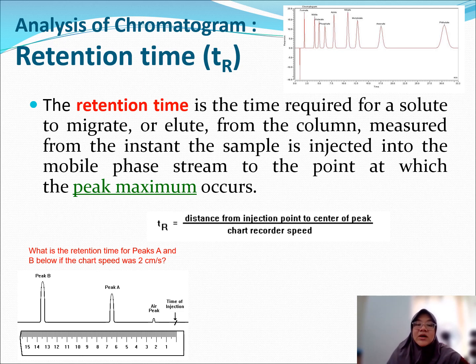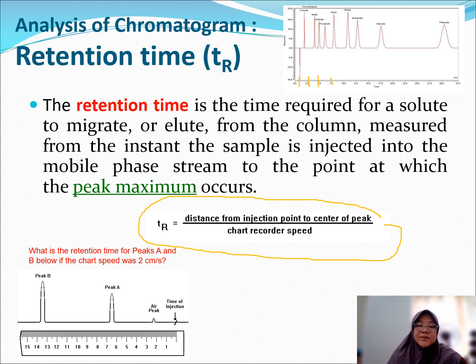The formula of retention time is the distance from the injection point to the center of the peak, divided by chart recorder speed. So this is already calculated and tabulated in the graph for specific compounds. This is for your information on the formula to calculate the RT.